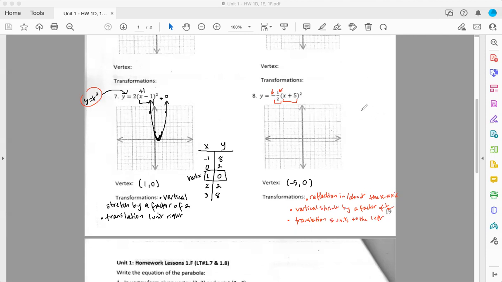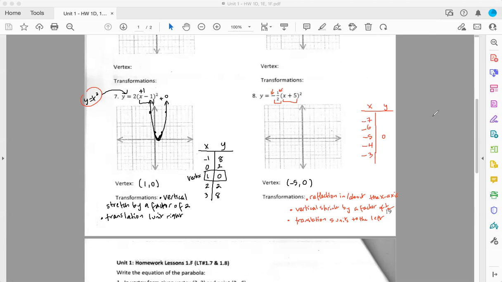Now to graph it, again, a 5-point table of values, starting with the vertex in the middle, -5, 0. You want 2 points to the left and 2 points to the right. So -4, -3, and then -6, -7. And plug them in.